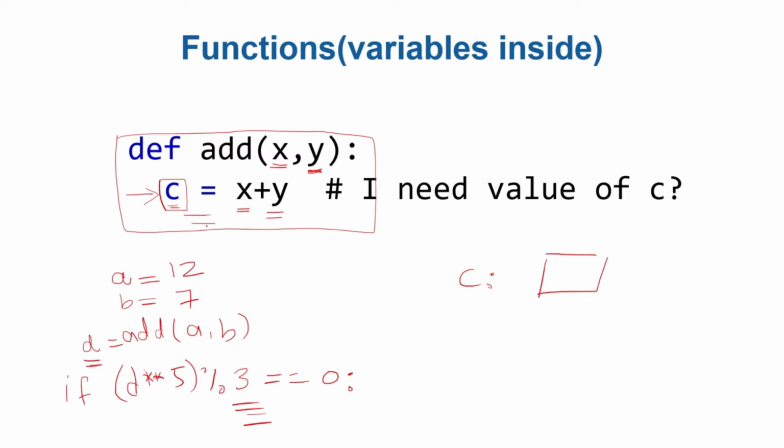But once the body of the function executes, all the variables that were inside are lost. How can you receive the value inside c outside this function? That is the question in this slide.